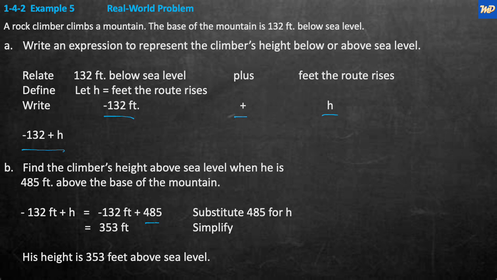And since they're opposite, you subtract the smaller absolute value from the larger absolute value. So 485 minus 132 is 353 feet. And is it positive or negative? Well, the largest absolute value is 485, so the answer is positive 353 feet. His height is 353 feet above sea level.